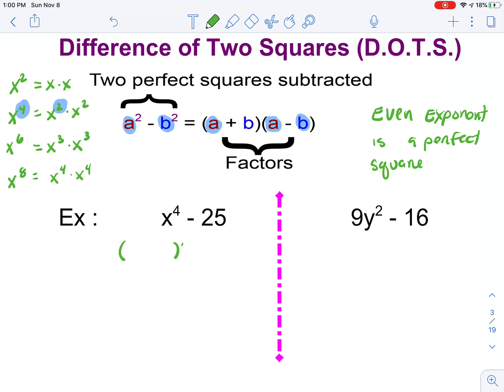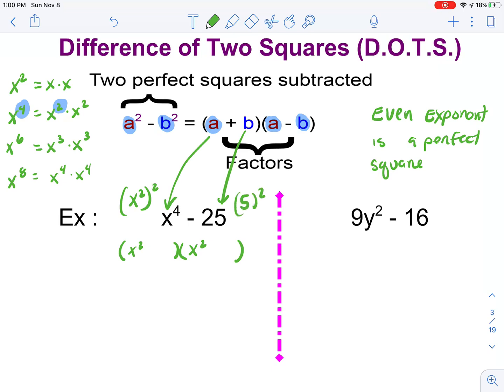So when we go to our factoring bubbles, remember, this first one has to be the base of x to the fourth's power. So that is x squared, because if we take x squared and multiply it to itself, that's what gives us the x to the fourth. So instead of just putting an x in this first position, we're going to put an x squared. 25, what is the base of 25?